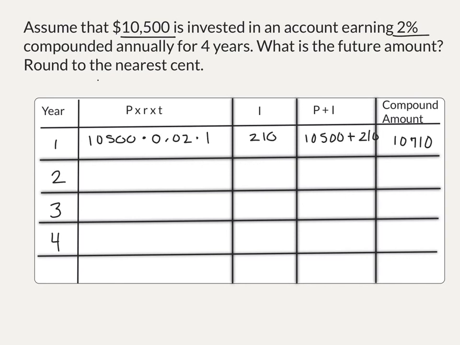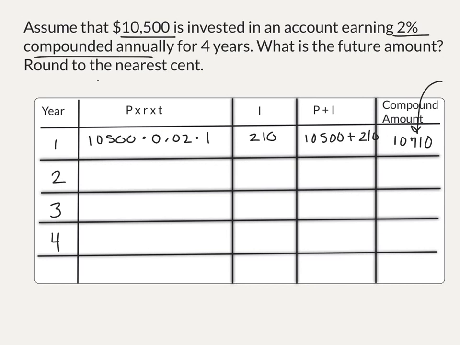Now this problem wants us to compound annually. So that means that I'm applying the interest for next year on the original principal plus the interest that was earned. So that means that I am applying the interest for year 2 on top of the compound amount that we just found.